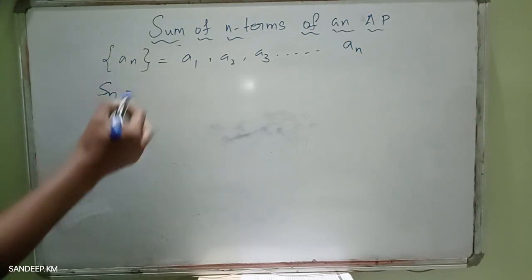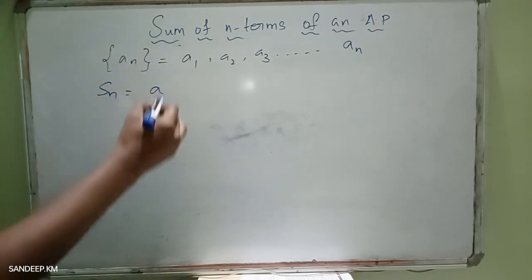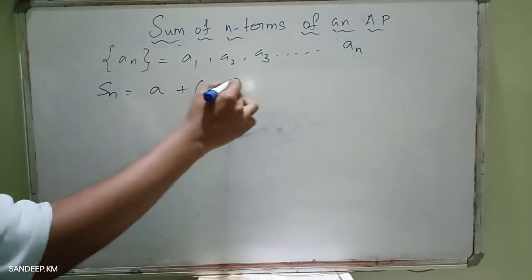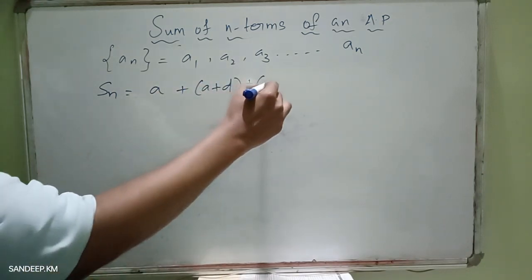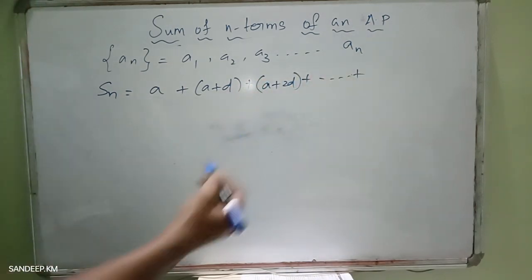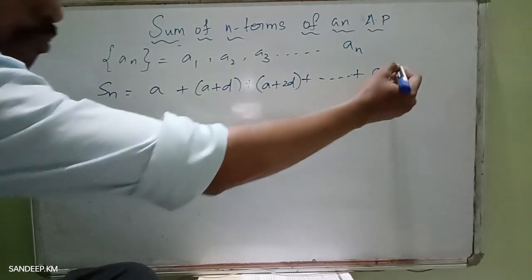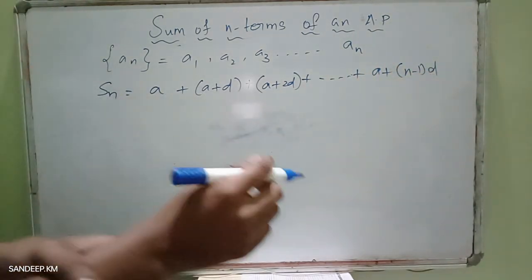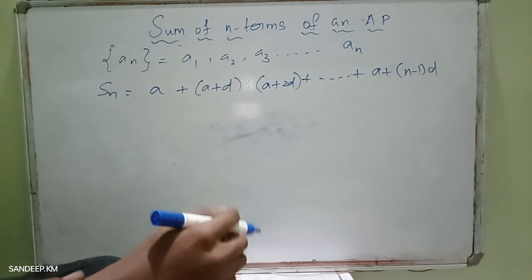Sn is equal to the first term a, plus the second term a plus d, plus the third term a plus 2d, and so on, plus the last term, which is a plus n minus 1 into d.